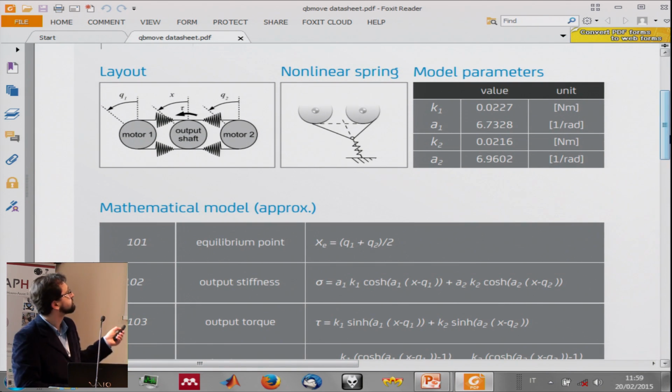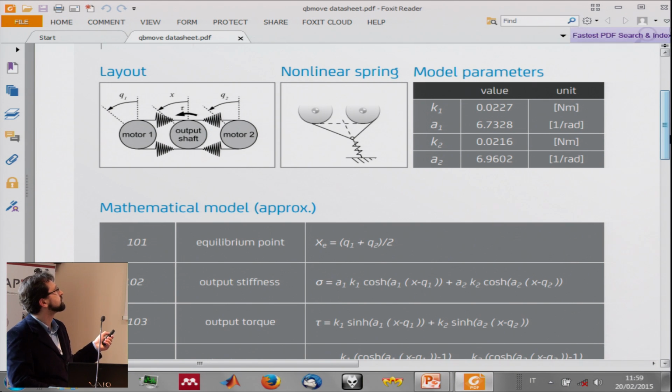Here we have a hint on the layout of the system. Again, you see that the system is made of two motors, one on the right and one on the left, which are both capable of pulling and pushing on the output shaft through nonlinear springs, which are this triangle, and the spring is made like this.